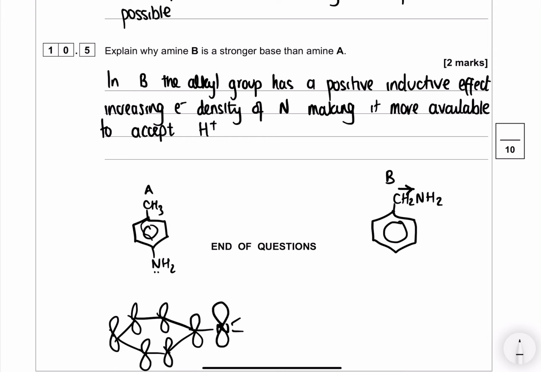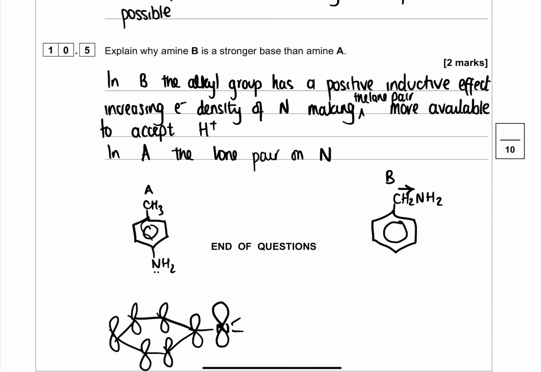If I was going to do that from the other point of view, I probably should have said in that top one, making the lone pair on nitrogen, rather than just it, more available to accept a proton.